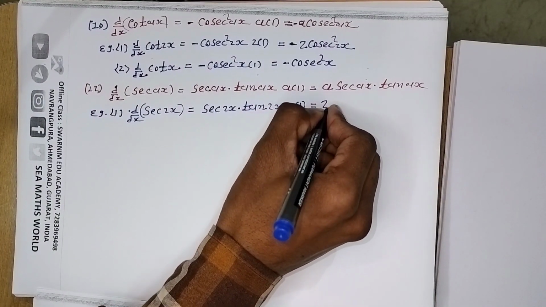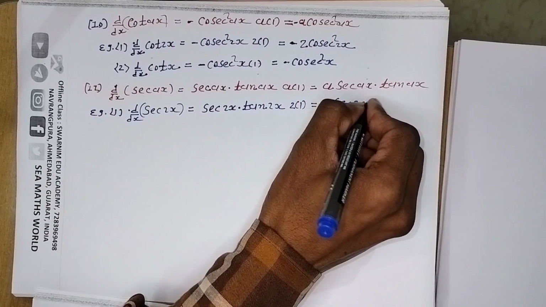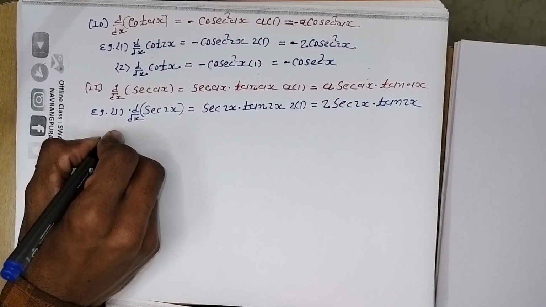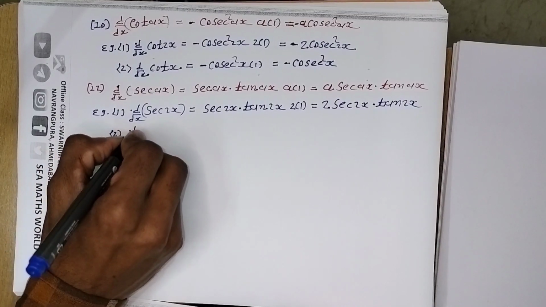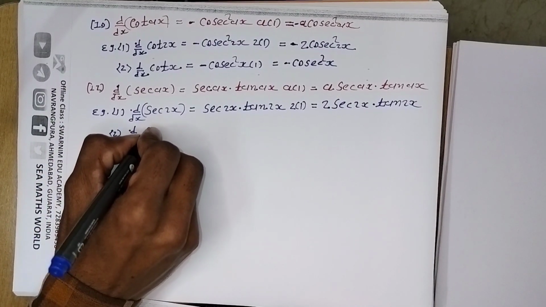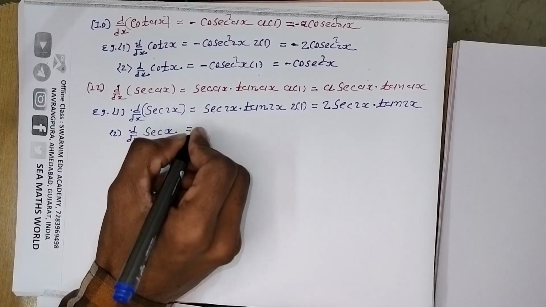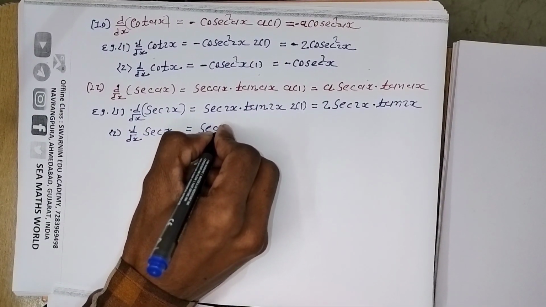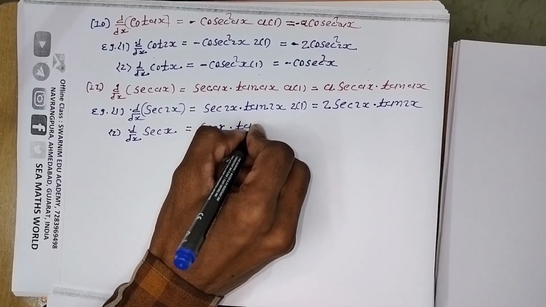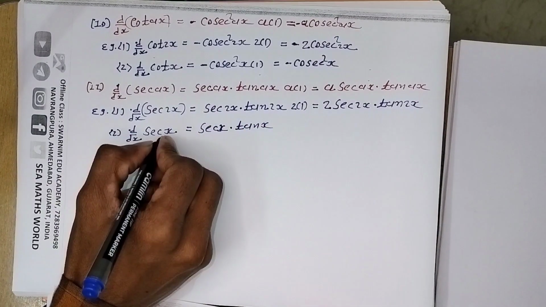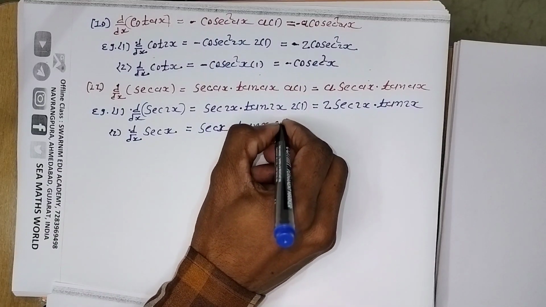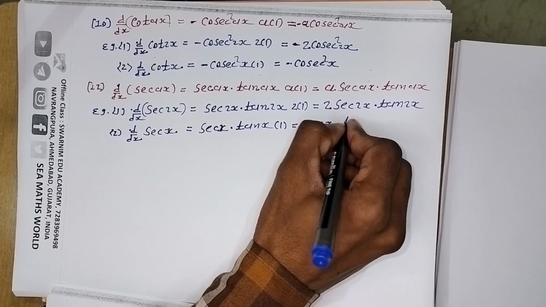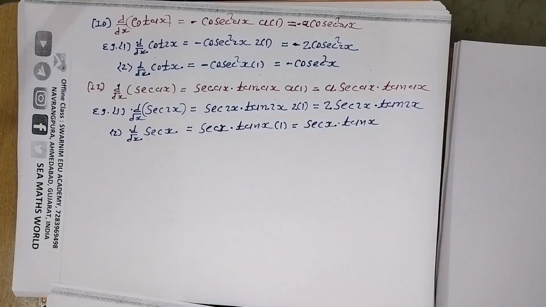So finally 2 sec 2x into tan 2x. Now next example, differentiation of sec x. It will be sec x into tan x, and here the angle is x, x differential will become 1. So finally sec x into tan x.